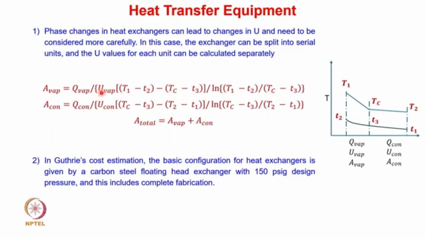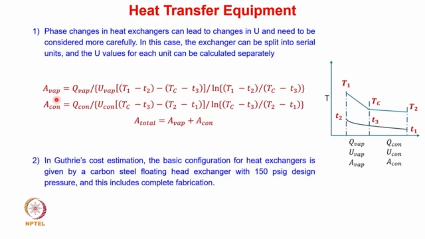Whenever there is no condensation, the heat transfer coefficients are lower. So this U vapor will be a different value calculated from different correlations, whereas in the second equation, this U condensation has to be calculated based on the condensation of the fluid.